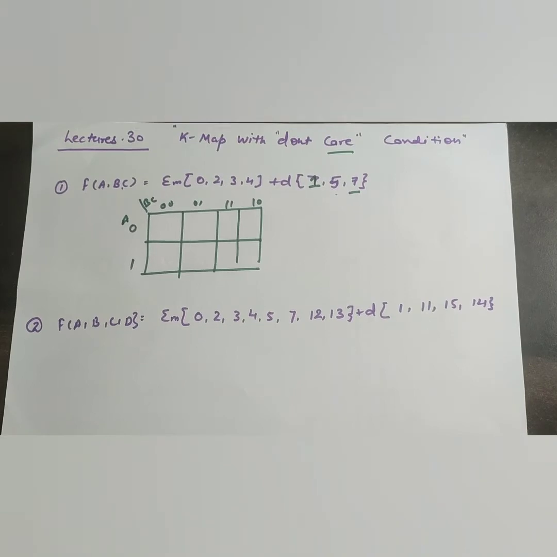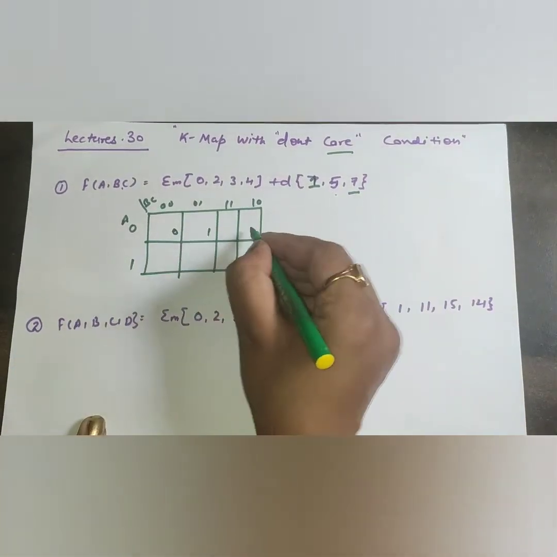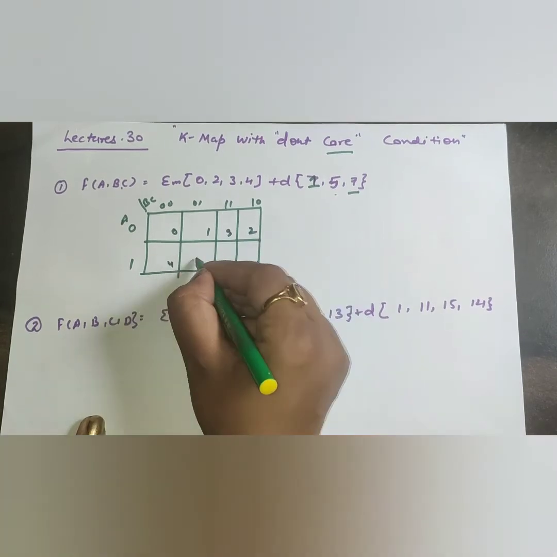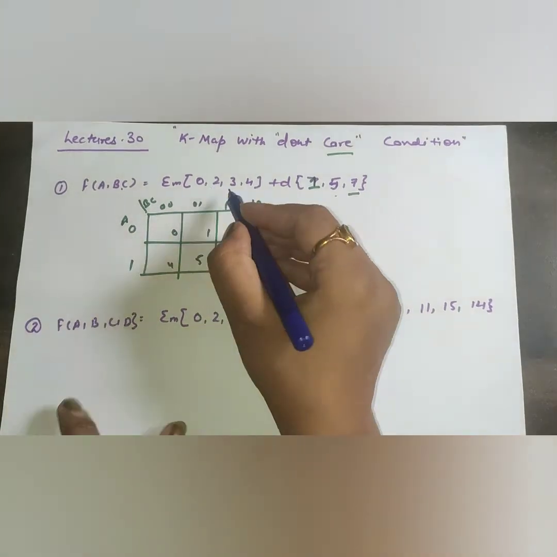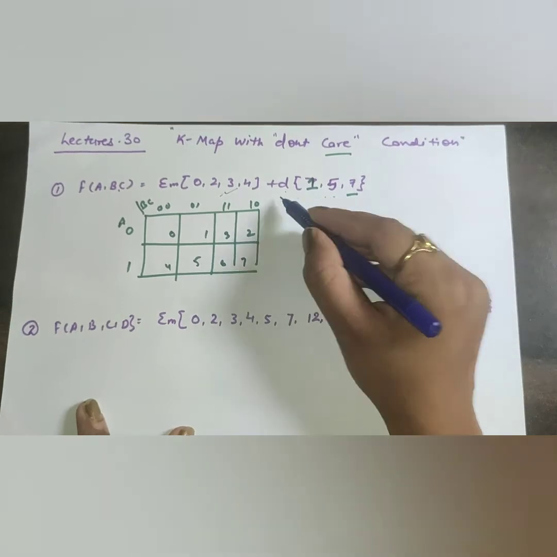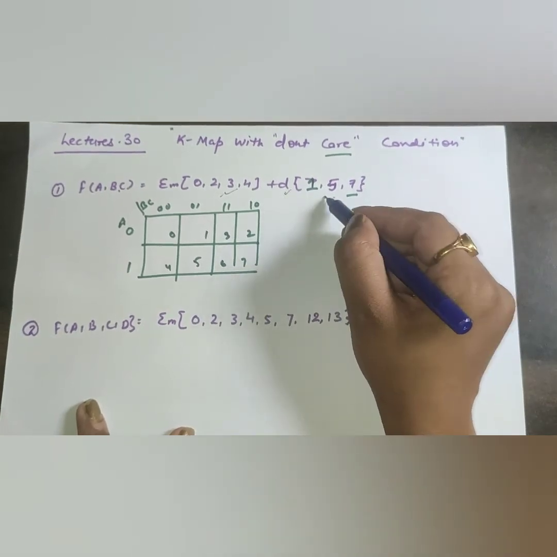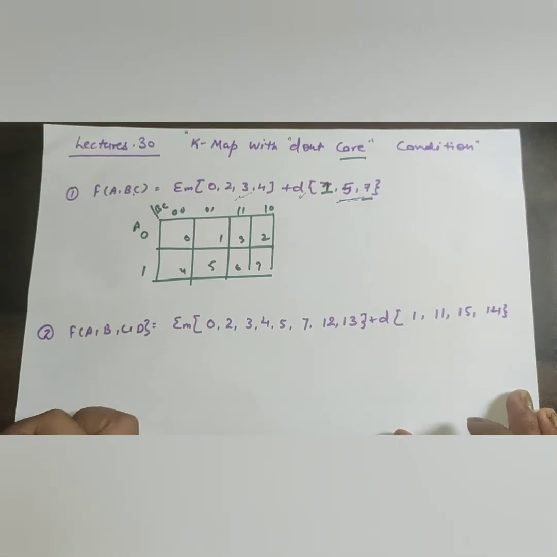Now these are the conditions, numbered 0, 1, 2, 3, 4, 5, 6, 7. Now I have a question: these are the conditions and this is D. D means don't care. These are the numbers for the don't care condition. So how can we write the don't care condition?